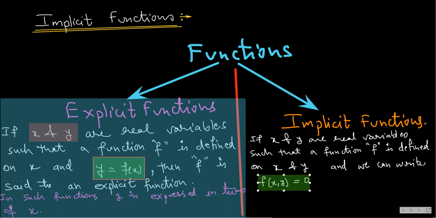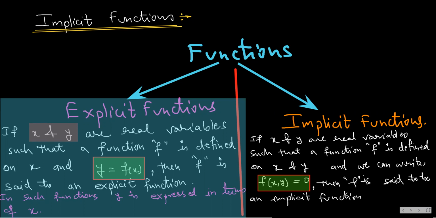And when we have anything like this, we say that the function f is an implicit function. Then f is said to be an implicit function.